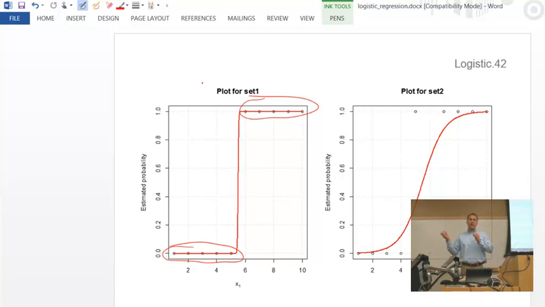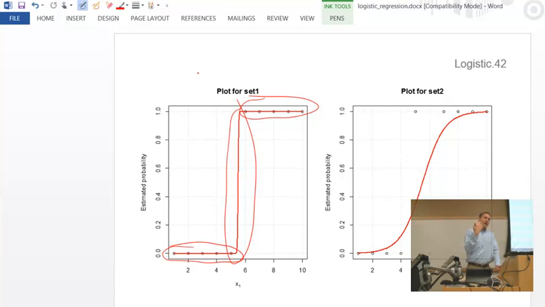So that's good, but the problem is you're not going to be able to get a model using regular old logistic regression. Because you can see, I've plotted what the model is at, let's say, the last iteration. You can see that the slope of that line where I circled it is essentially infinity. And that's the problem. So it's both good and bad, complete separation.